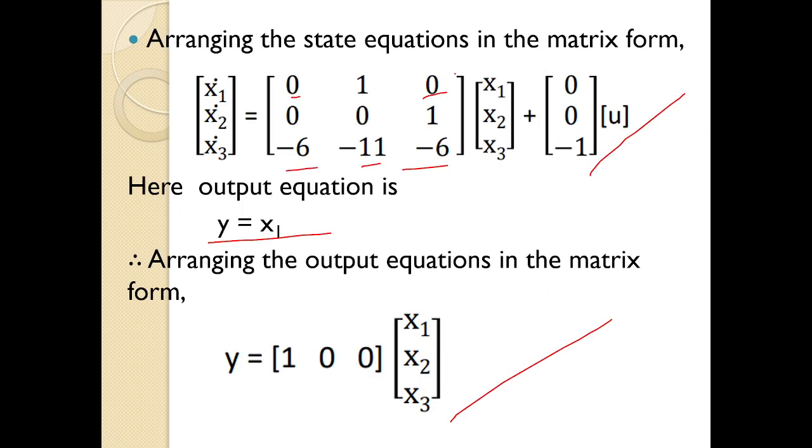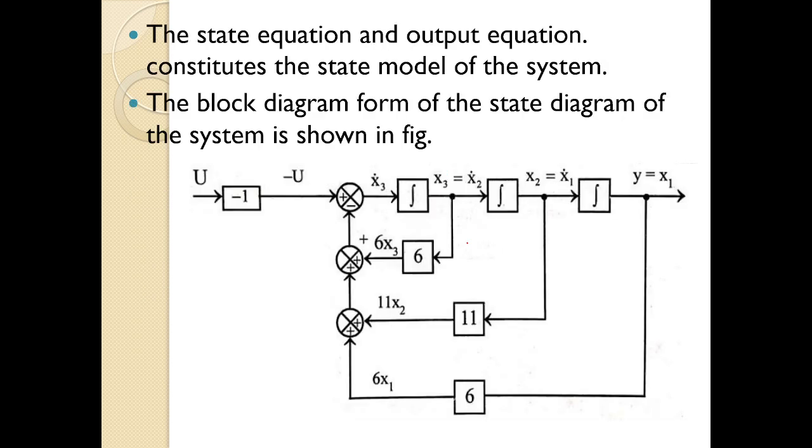If you observe the state equations, we see that x3 dot has all the state variables x1, x2, x3. Therefore, let us start with x3 dot.